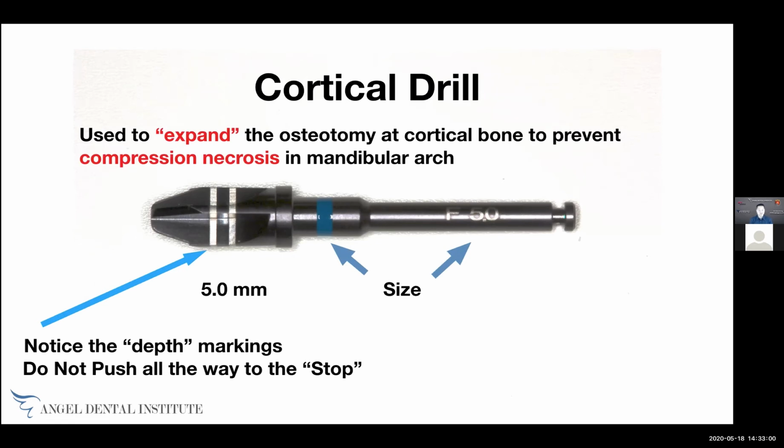It's mainly to create a larger osteotomy at the cortical, because remember the final drill is 0.5 millimeter smaller than the actual implant. So if the cortical plate is really thick, it could cause a lot of compression necrosis. So you want to widen that. And notice the depth marking here. So you don't want to go all the way to the stop. You want to go up to the marking. If you go all the way to the stop, then you take the risk of losing stability.